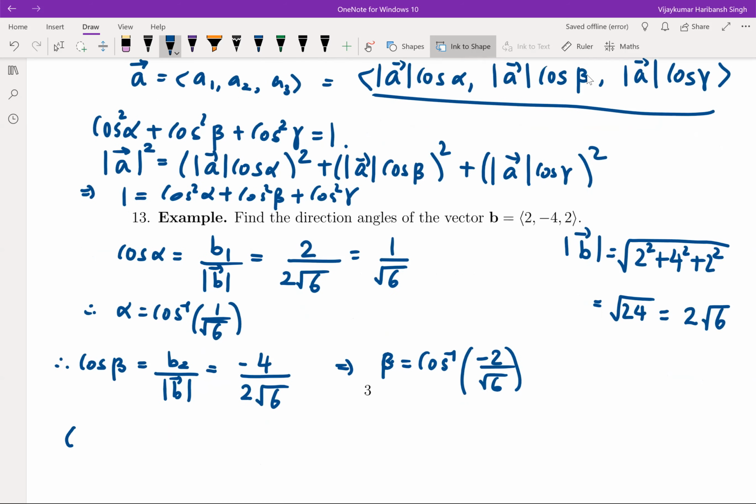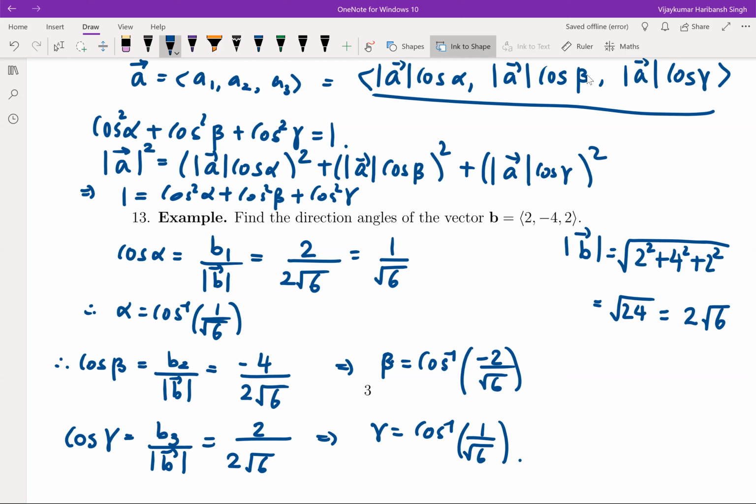Similarly, cos gamma is going to be B3 upon length of B, which is 2 over 2 square root of 6. This implies gamma equals cos inverse of 1 by square root of 6. So this is how you find the direction angles for a given vector B.